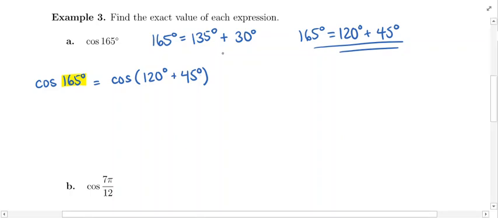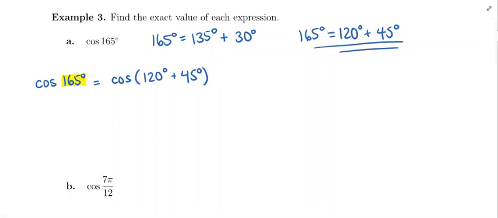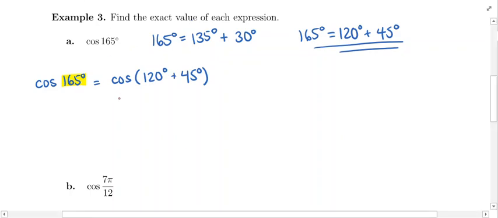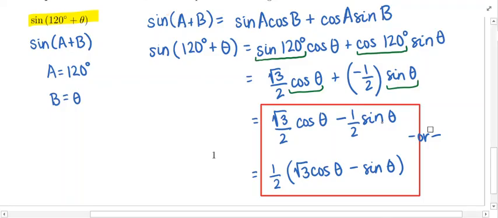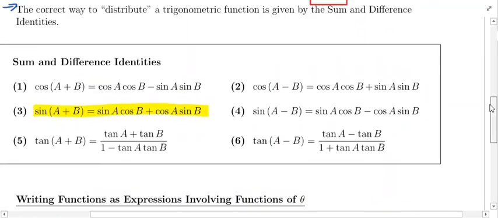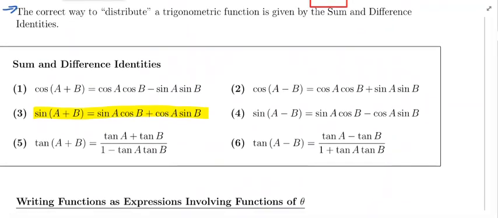All right, so now what's happening? Well, this is going to match up to something. If I go back and look at the sum and difference identities, I know a formula for the cosine of A plus B. So I'm going to flip back to page 1 and look in my identities box. I'm looking for the cosine of something plus something.